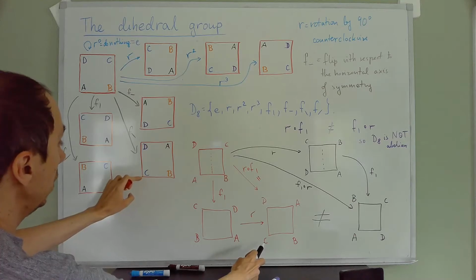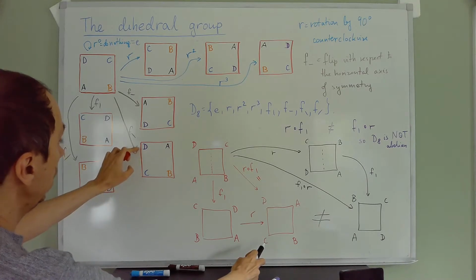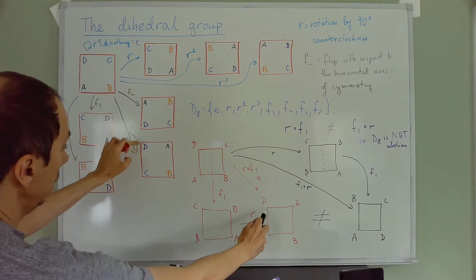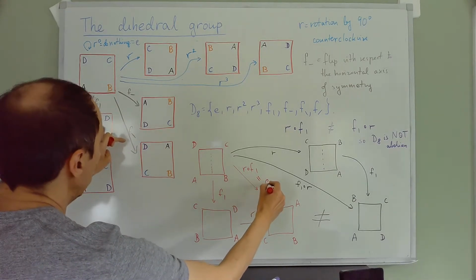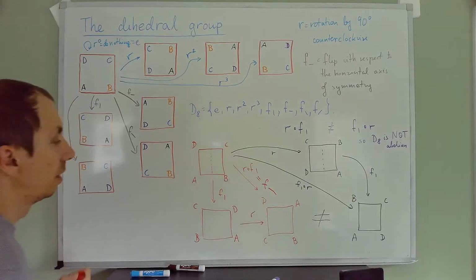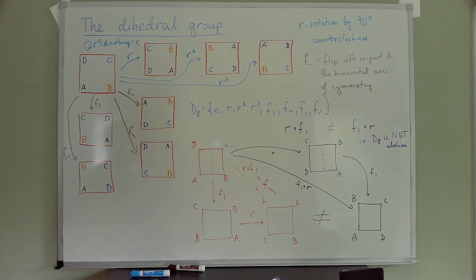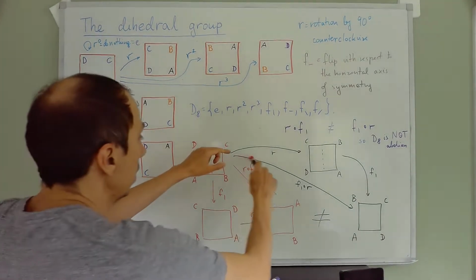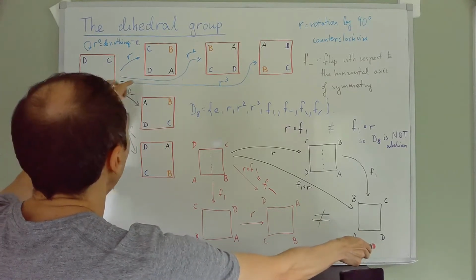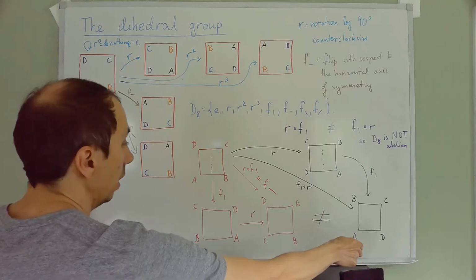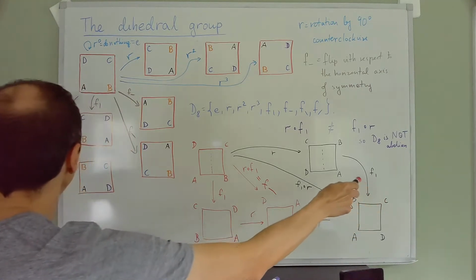I have to have C here, so it's C, D up here, look, C, D, A, B. That thing is a flip with respect to this diagonal line. What about this thing? From this triangle I get AD, so it's AD at the bottom, BC at the top, so it's this.